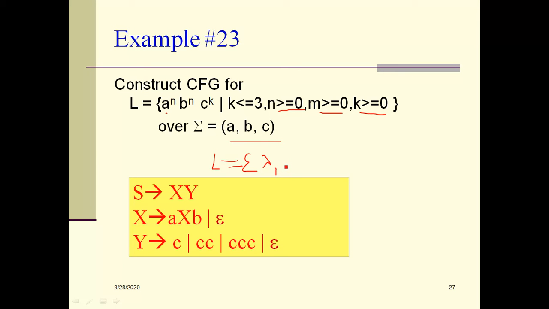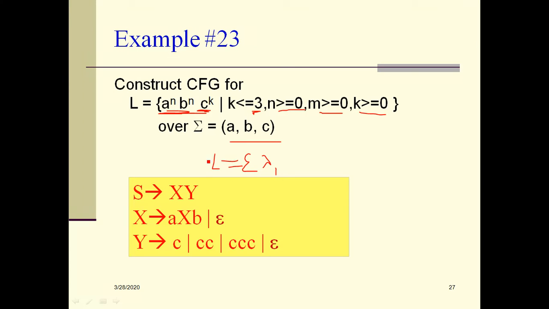So okay, null is generated. The only condition on this language is that the number of a and b must be equal, right? And second, the number of c is bounded by this value 3. It can be maximum 3: 0 c, 1 c, 2 c, and 3 c, not more than that.